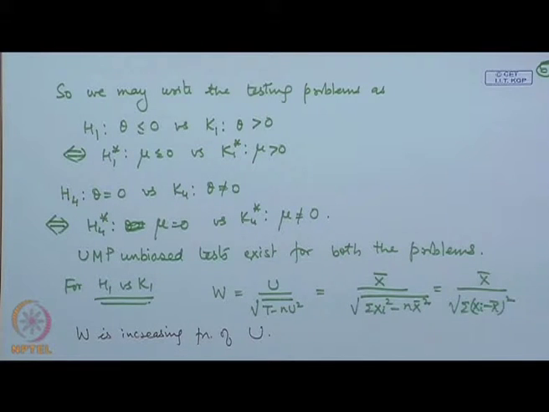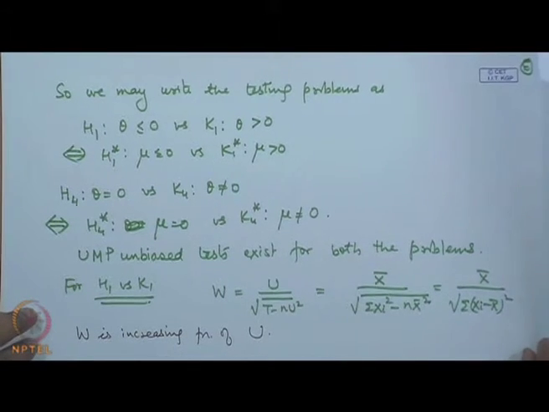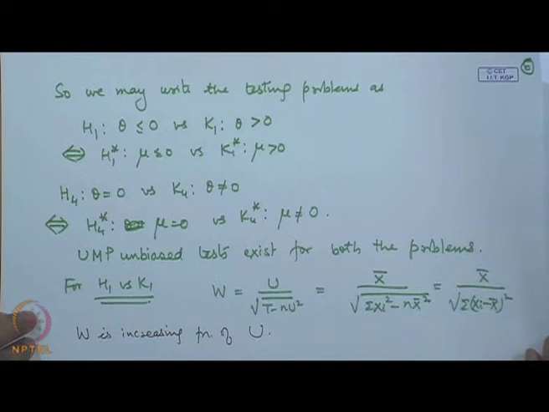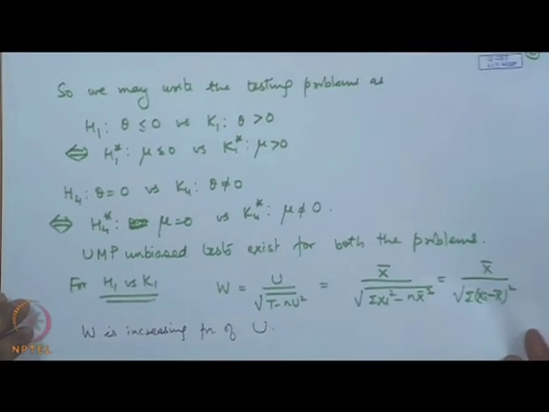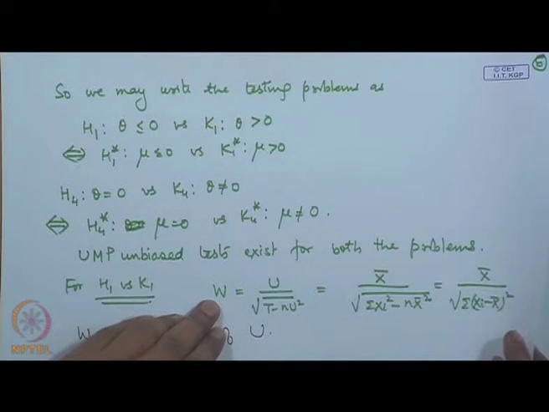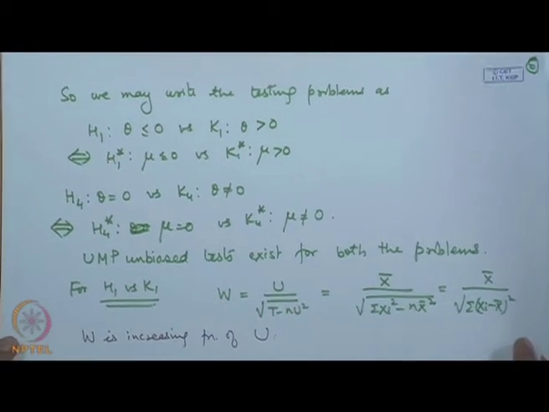and if we consider the distribution of W and T, the distribution of T when mu is equal to 0, then that is free from mu, and if I consider the distribution of W, that is also free from mu when mu is equal to 0. So, let me just write it here.